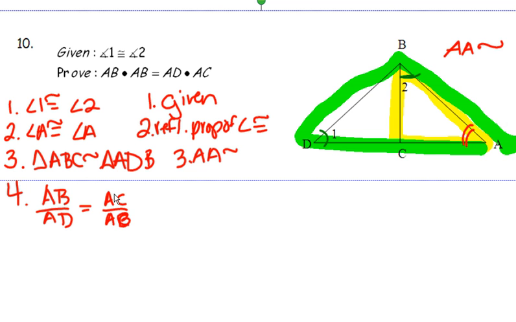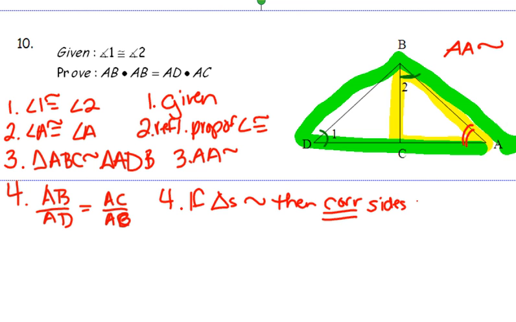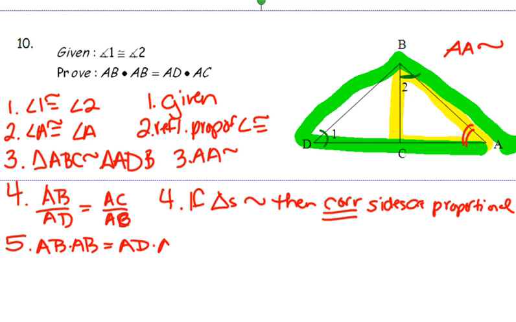You have to make sure you are using the sides that you're going to eventually cross multiply. And so you just use the order of your triangle and you'll be fine. So if triangles are similar, then corresponding, make sure this word corresponding is in there, then corresponding sides are proportional. And then finally, that allows us to say that AB times AB equals AD times AC. And once again, that is my cross products property.